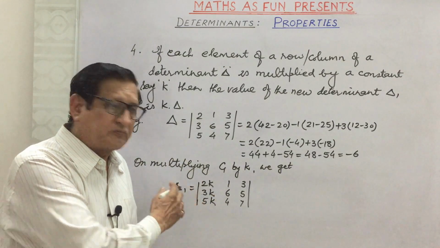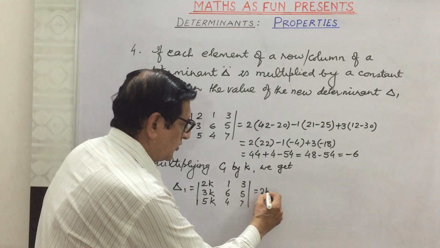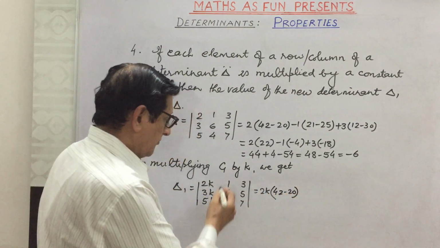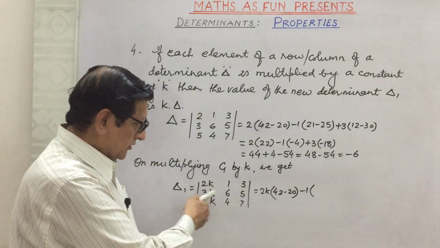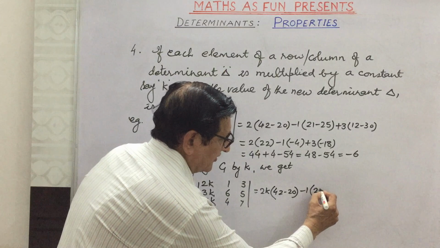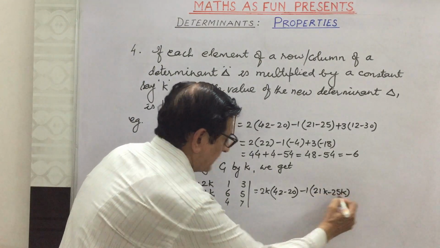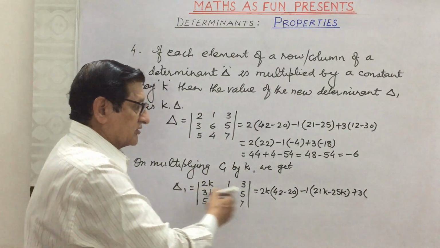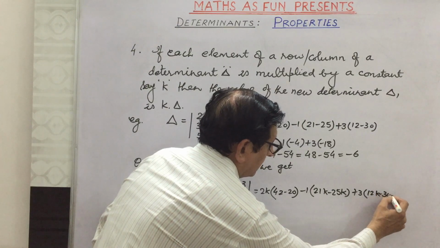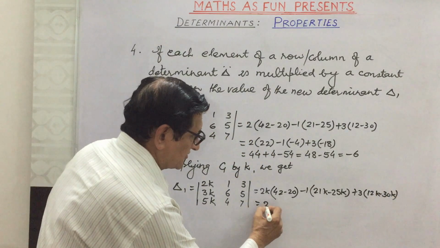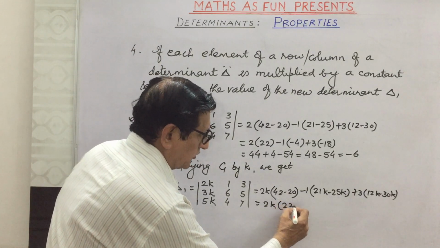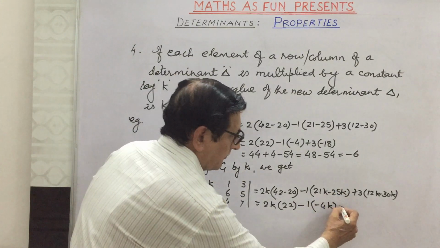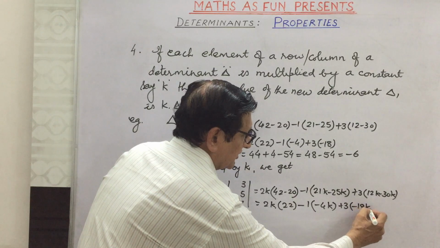Then if we find the value by expanding along row 1, this will be 2k into 42 minus 20, minus 1 into 21k minus 25k, plus 3 into 12k minus 30k, and this comes as 2k into 22 minus 1 into minus 4k plus 3 into minus 18k.